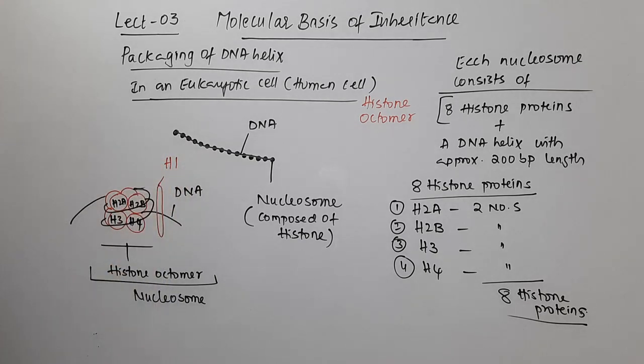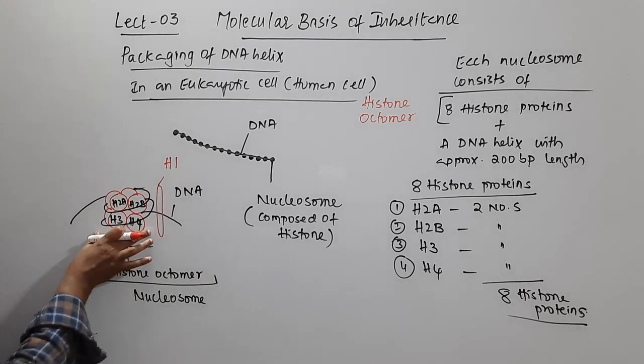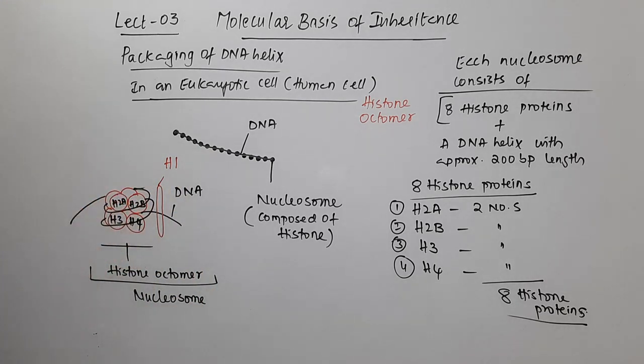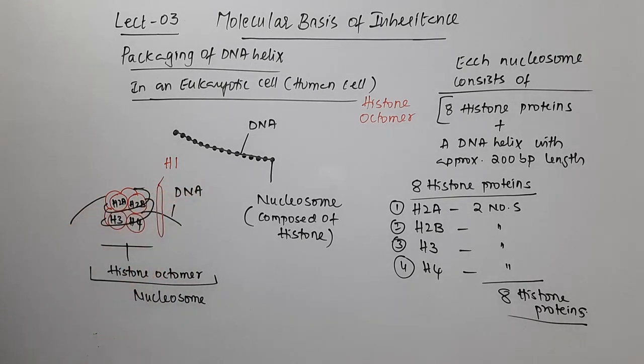This is H1 histone, which is present outside the nucleosome. So the nucleosome is composed of 8 histones, called the histone octamer, plus the DNA that has 200 base pairs.